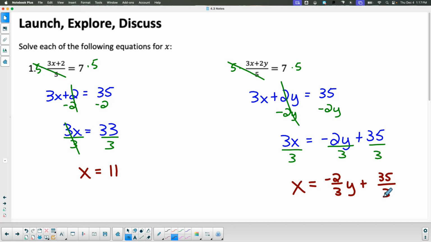Here, in a literal equation where we've got multiple variables, we can't use the calculator at all. There's nothing that you can type into the calculator out of that literal equation. So start moving away from using the calculator for everything and start using this calculator in between your ears.